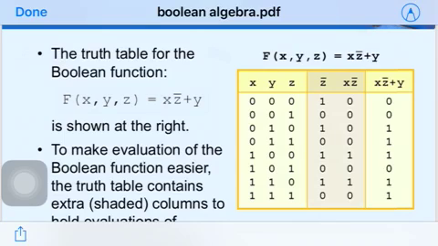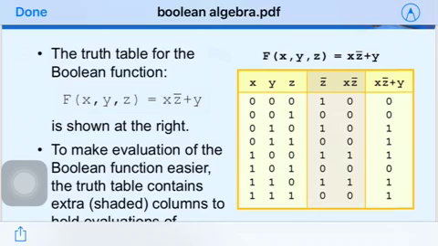Coming to the expression side, because we have to find x z complement or y, z complement is given in the next column. Z complement is whatever values in the z column, reversed: 0 is complemented to 1, 1 is complemented to 0.